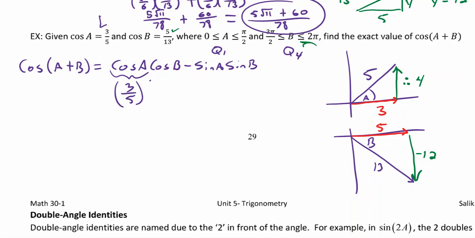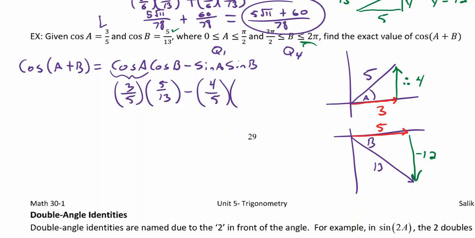And cos B, I already know that one too. That was 5 over 13. And now it's these two that I have to kind of think about. So sine A. Sine is opposite over hypotenuse, or y over r. So that's going to be 4 over 5.